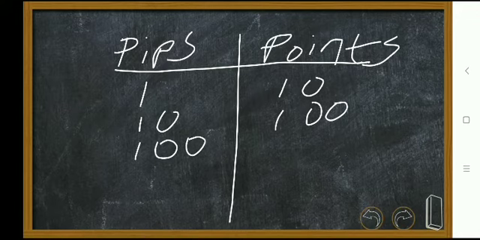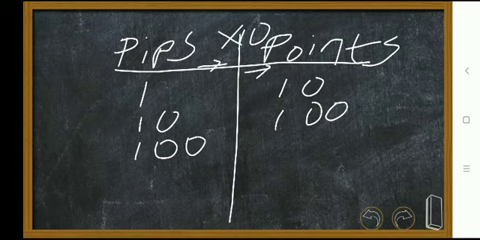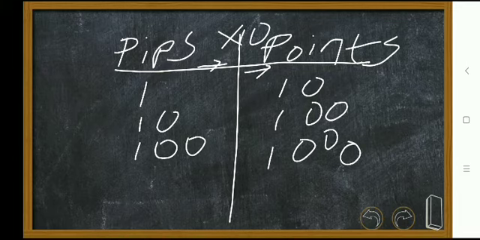Remember, we just multiply by 10 to move from here to here. 100 pips is 1,000 points, because you'll find that mentors tell you to add pips, some tell you to add points, but then in most brokers you will find that they deal with points. So it's very important that you know the conversion from pips to points, or from points back to pips.